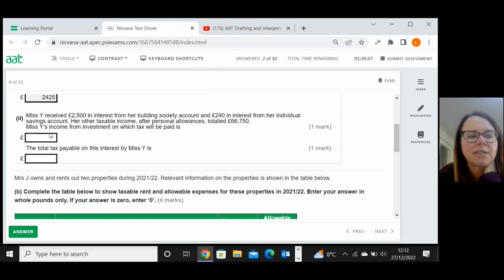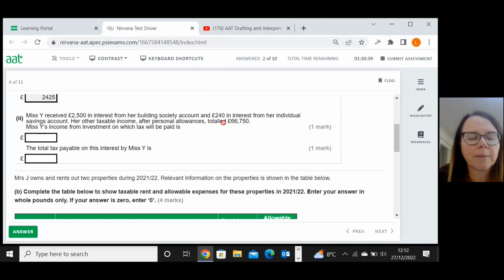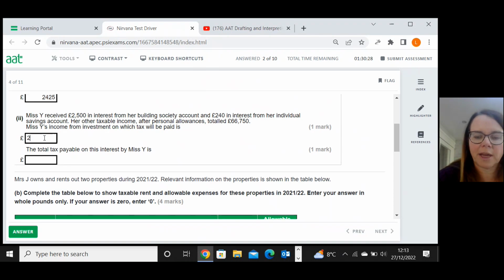So the question asks her income from investment on which tax will be paid. We can ignore the 240. We've got 2,500. We've worked out that she has a 500 savings allowance, so she will pay tax on £2,000.